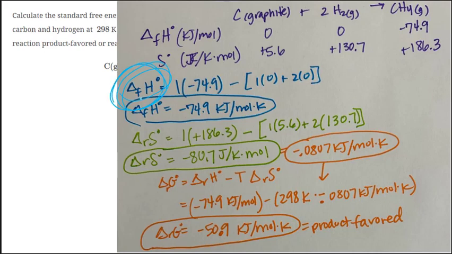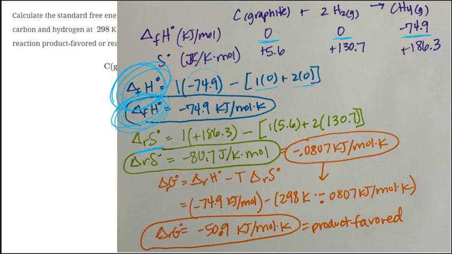So here I'm going to find delta H. I found that I had a 0 for carbon, 0 for hydrogen, and a negative 74.9 for methane. So I'm going to do 1 times methane's value minus 1 times 0 and 2 times 0, which is 0.